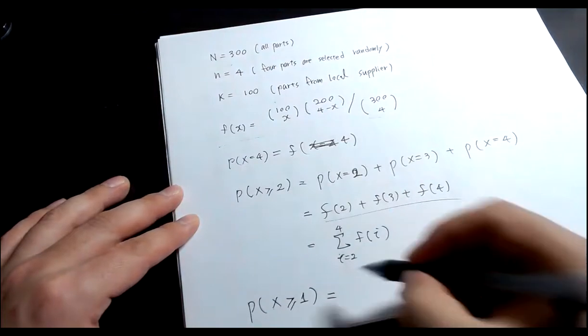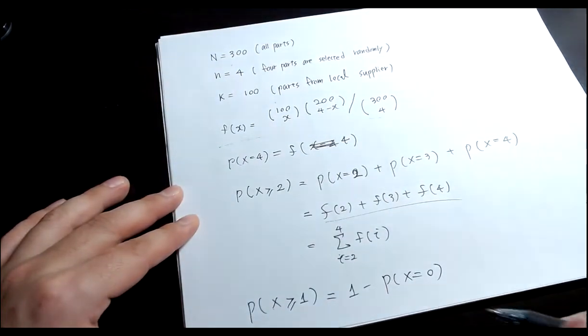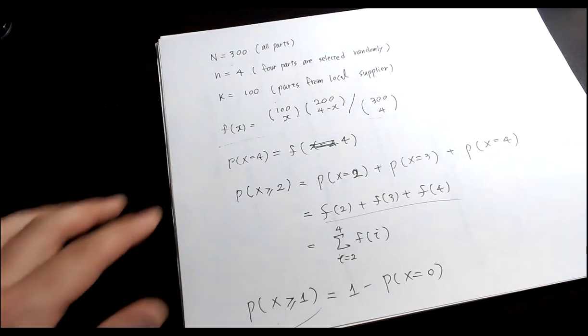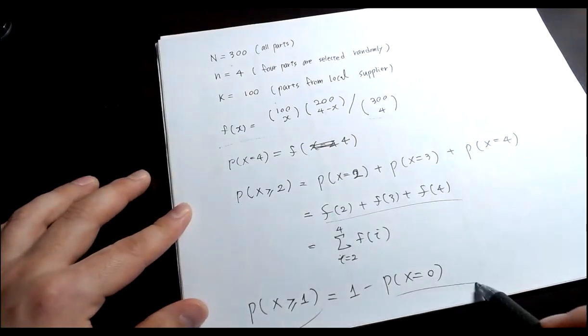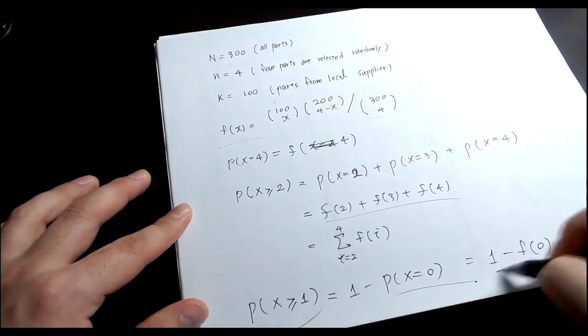This is equal to 1 minus the probability that X equals 0. You could calculate f of 1 plus f of 2 plus f of 3 plus f of 4, but that requires a lot of computation. So instead we compute 1 minus P of X equals 0, which is 1 minus f of 0.